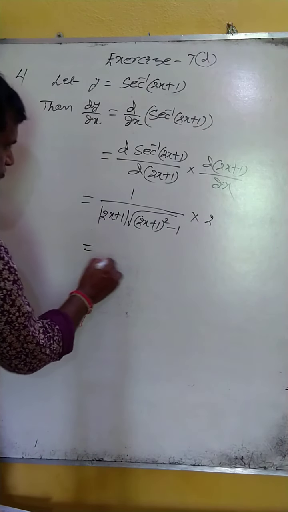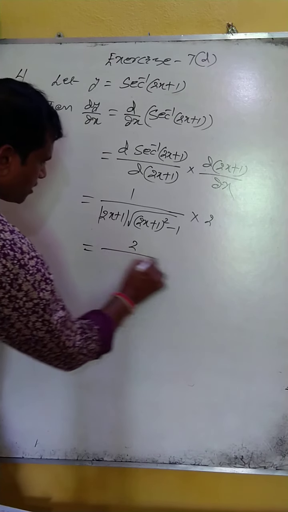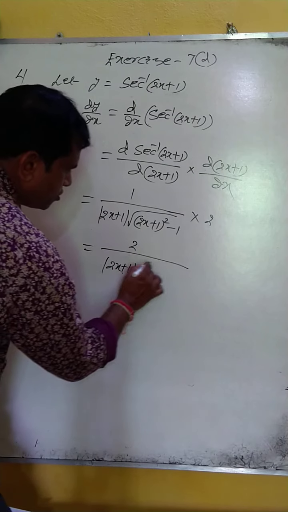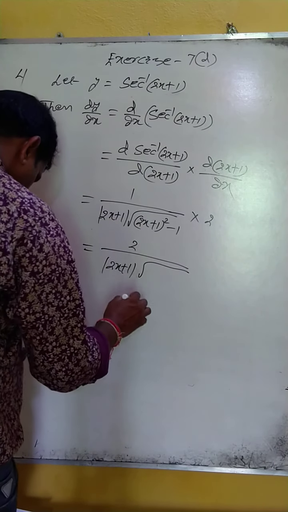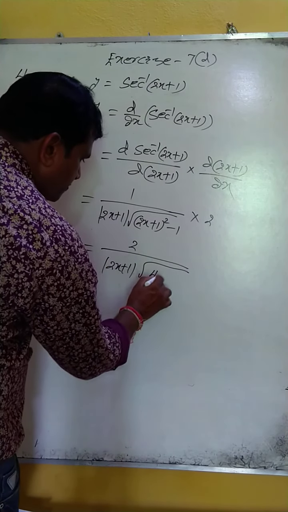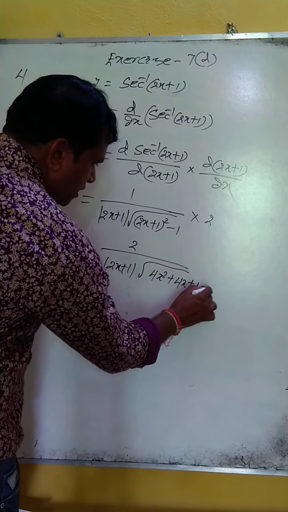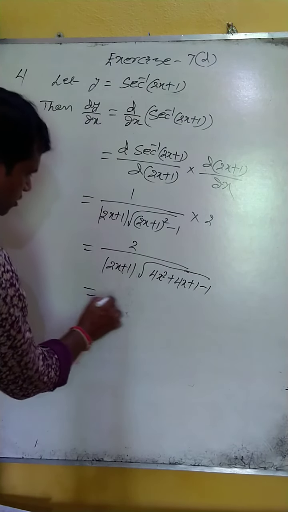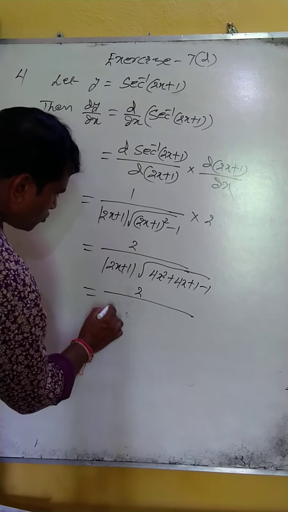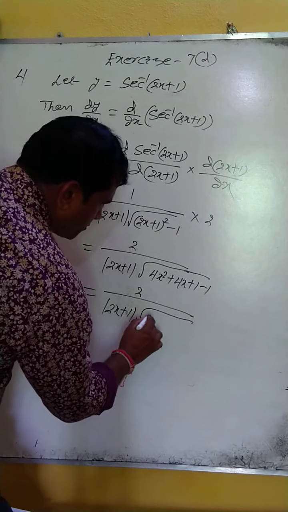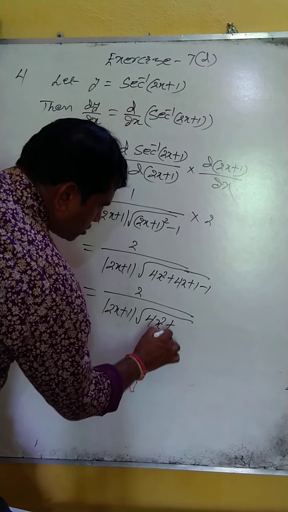So 2 by mod 2x plus 1 root over 4x square plus 4x plus 1 minus 1, that is equal to 2 by 2x plus 1 root over 4x square plus 4x.